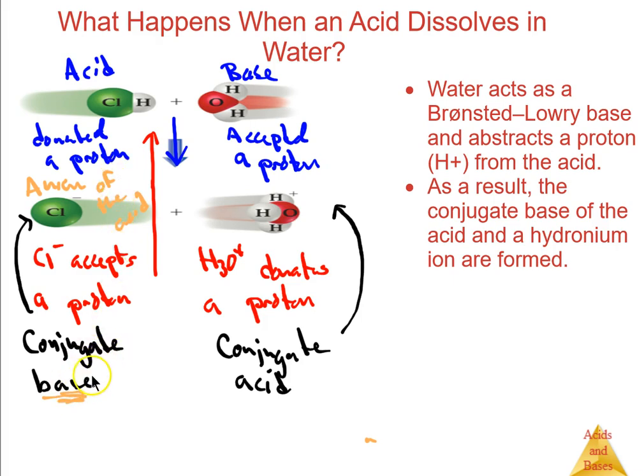The conjugate base is always the anion of the acid. Are we okay with that?